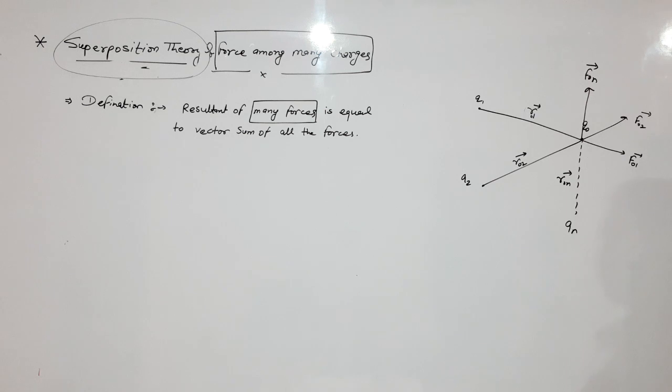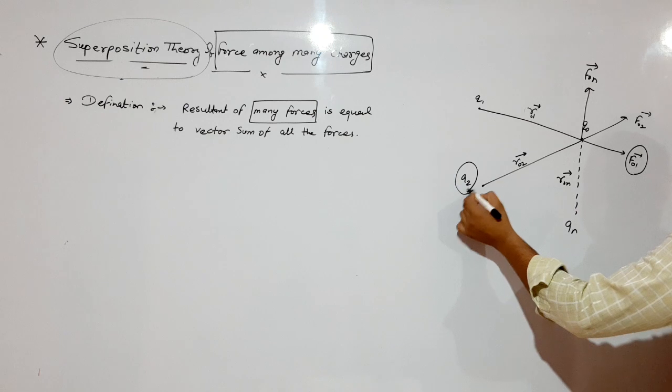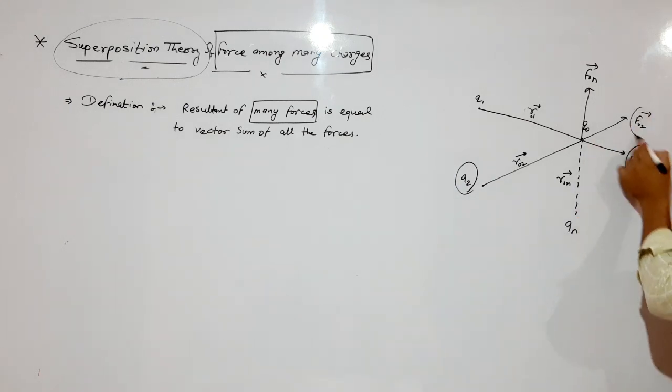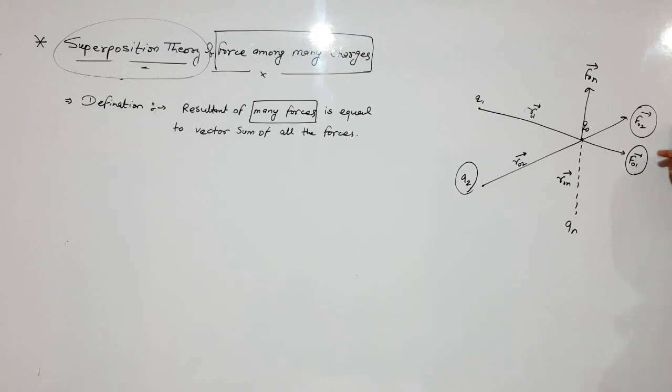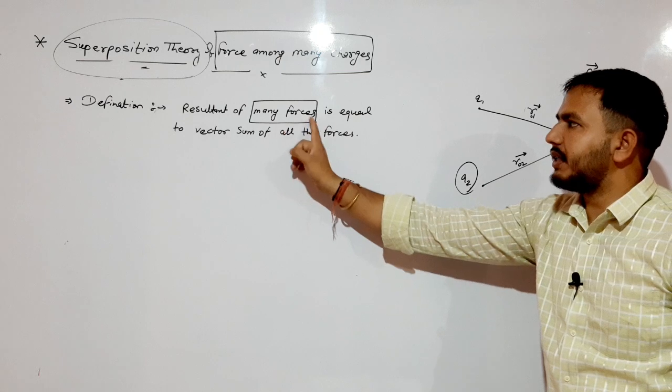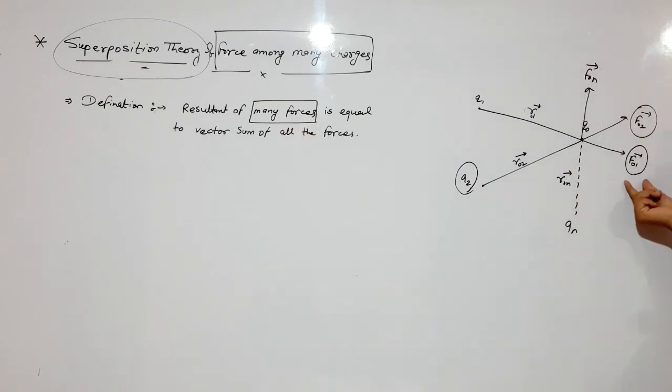If Q1 applies a force on Q naught, it is represented by F naught 1. If Q2 applies a force on Q naught, this one is F naught 2. These are all the forces. So many forces: F naught 1, F naught 2, F naught n.